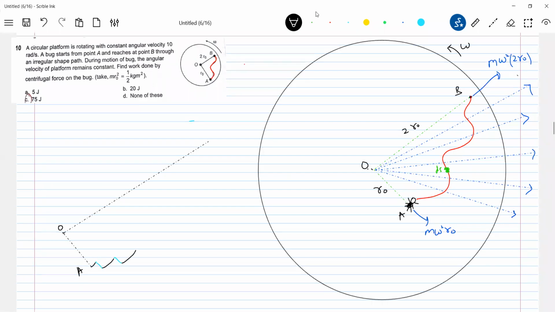I'll try to increase the arc length so that it will take more time. I have to draw many such arcs. Like this, you can keep on drawing the arcs here.